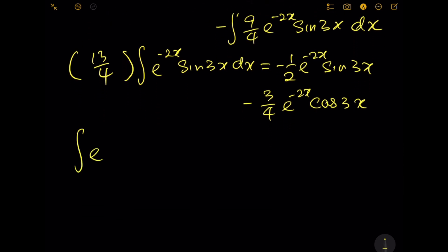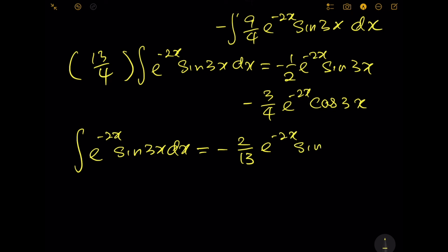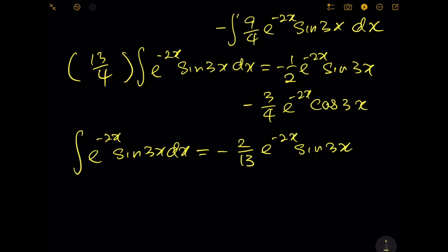The integral of e negative 2x sine 3x dx is negative 2 over 13 e negative 2x sine 3x minus 3 over 13 e power negative 2x cos 3x. Don't forget to add a constant c.